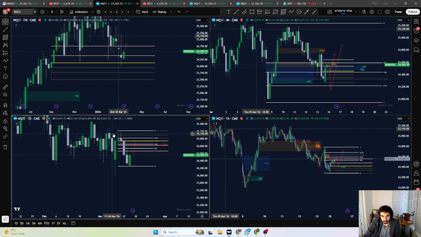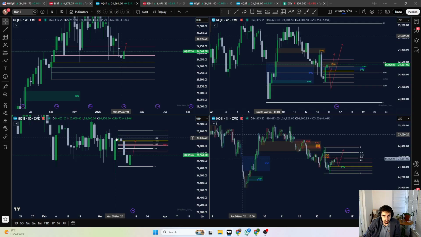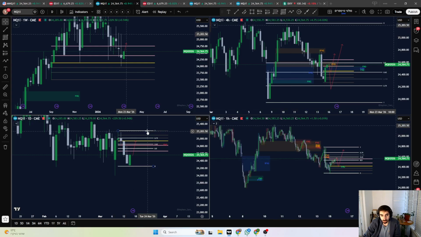We have no CSSs here because this candle didn't close above this one, but we have CSS from up to down, and surprisingly, not really, when we enter this 0.3 area of the daily CSS, we will get to this 0.4 area of this CSS.